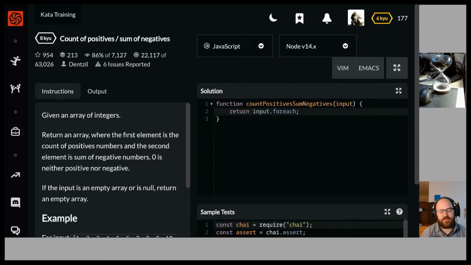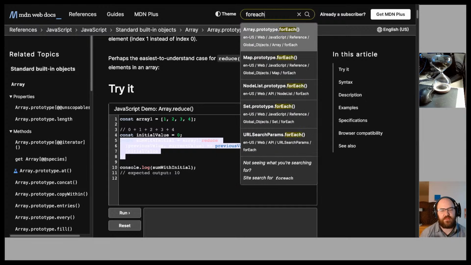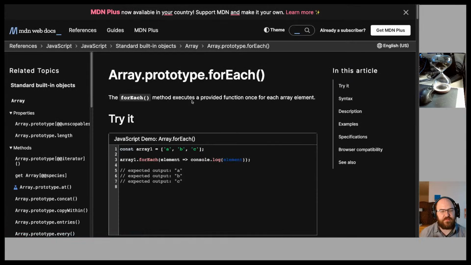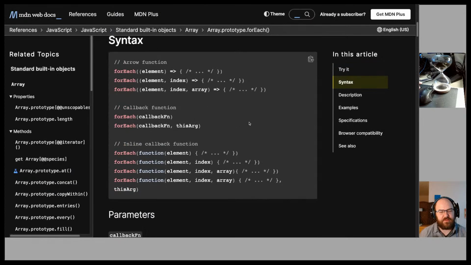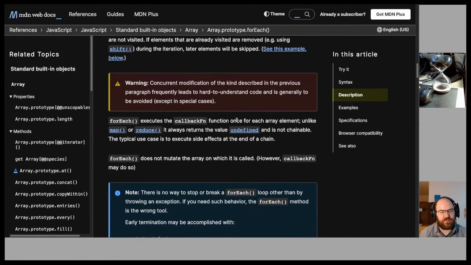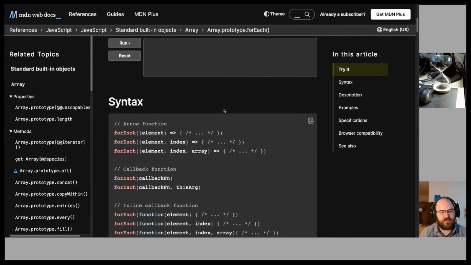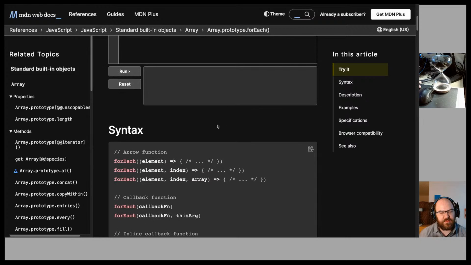Input.forEach. And now let's... Can I search on here? Array.prototype.forEach. The forEach method executes a provided function once for each element of the array. Let's do some more advanced syntax, parameters, description. Arrow function, for each element, index, array.